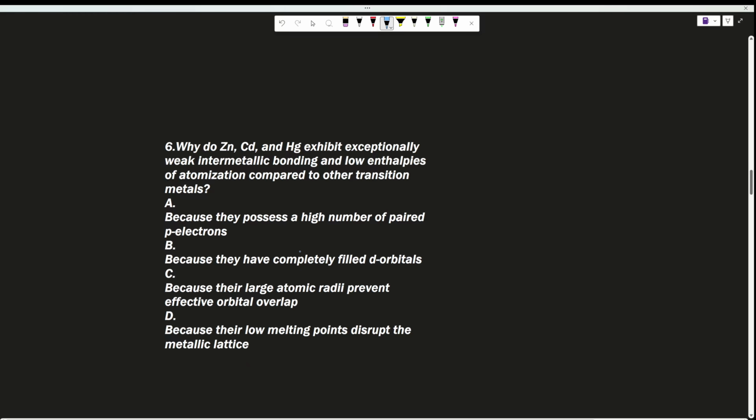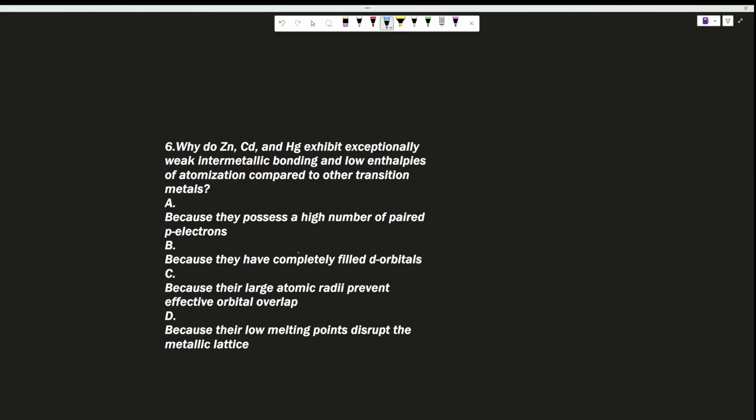Why do zinc, cadmium, and mercury exhibit exceptionally weak intermetallic bonding and low enthalpies of atomization compared to other transition metals? When you look at these elements, as I said above, they have completely filled d orbitals.